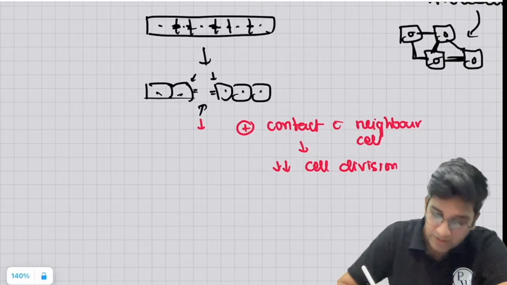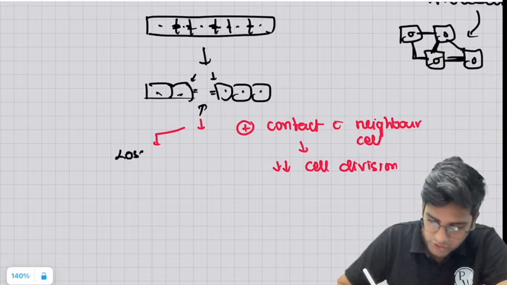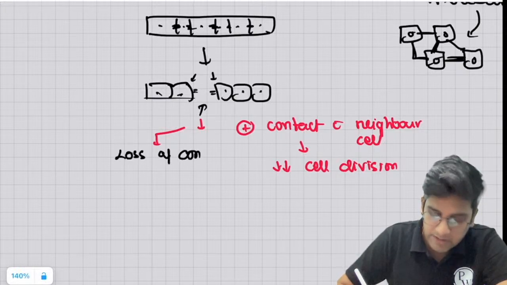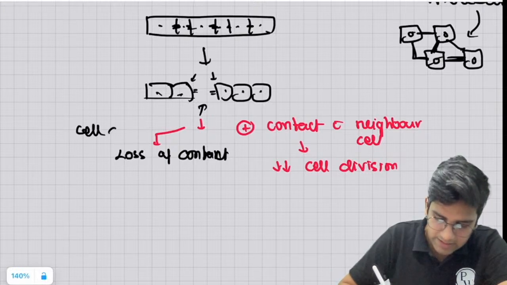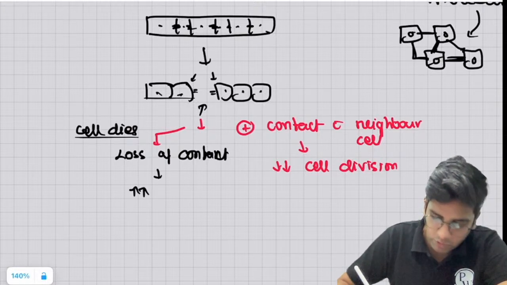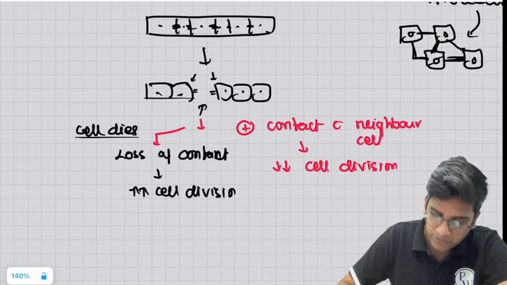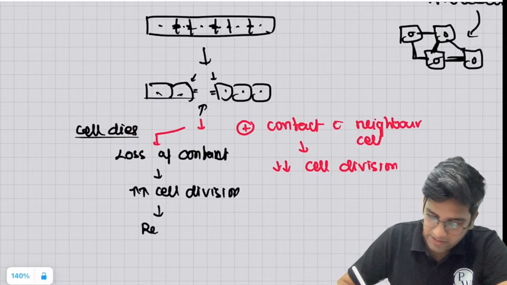That's one function. If a cell dies and there is loss of contact, tell me what they will do. It will promote cell division, and the motive is very simple here: in order to replace the dead cells.